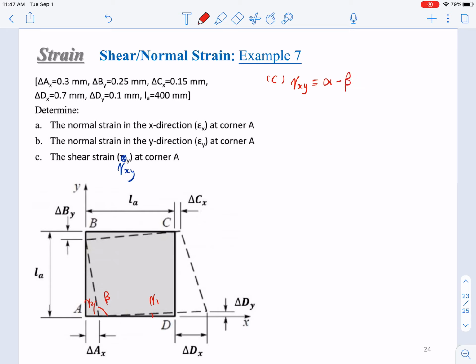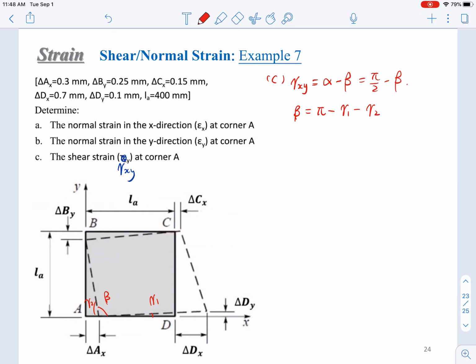Alpha is pi over 2, minus beta, and we're looking for beta. As we have realized, beta can be calculated from pi minus gamma 1 minus gamma 2.